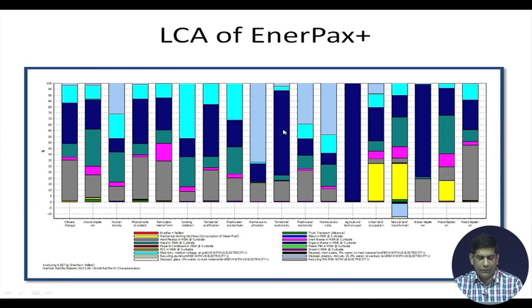Here, if you look at those categories, as I said earlier, we make the total come out to be 100, and here you have different impact categories: climate change, ozone depletion, human toxicity, photochemical oxidation, particulate matter, ionizing radiation, terrestrial acidification, freshwater, marine, and terrestrial ecosystems.